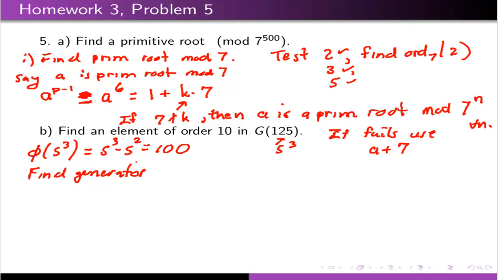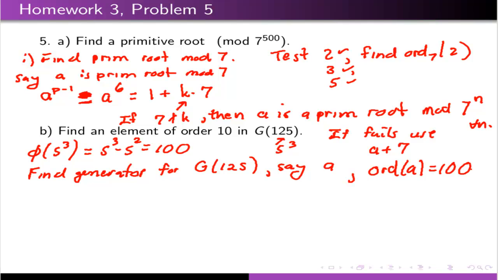And you do that like in part A. So let's say A is the primitive root you've just found. So again, just test 2, 3, and find one that's a primitive root. That works out. And now if I want to find an element of order 10, so A is an element of order 100 then.